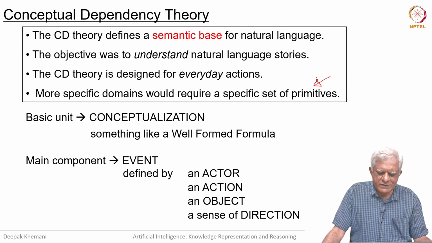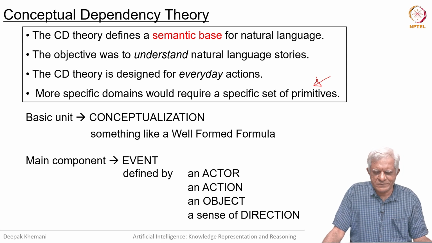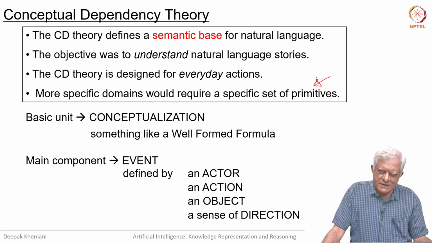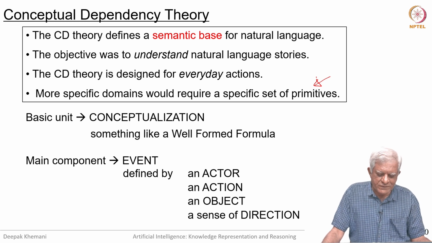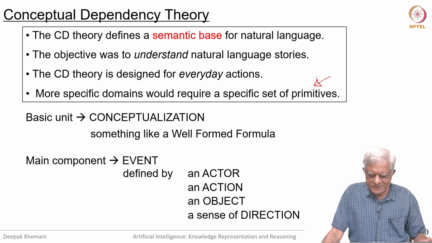The basic unit in CD theory is something called a conceptualization, which is a little bit like a well formed formula in logic. One of the main components of a conceptualization is an event, which is defined by an actor, an agent, an object and a sense of direction. We will look at these.